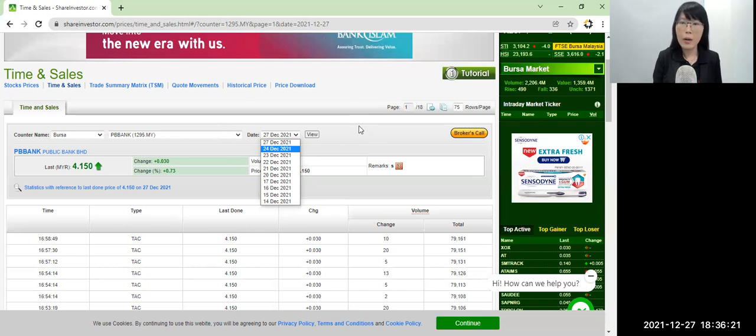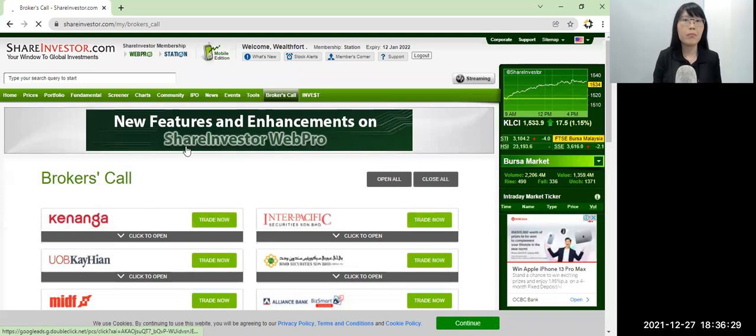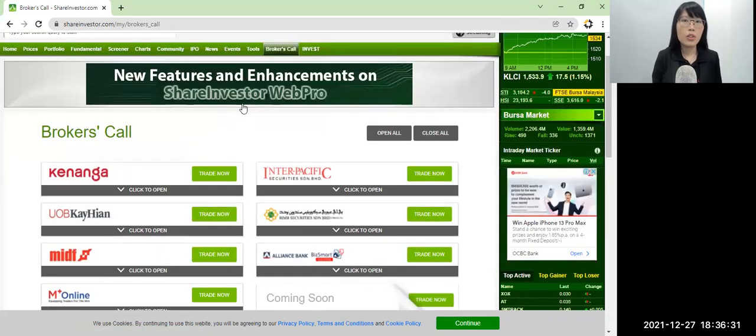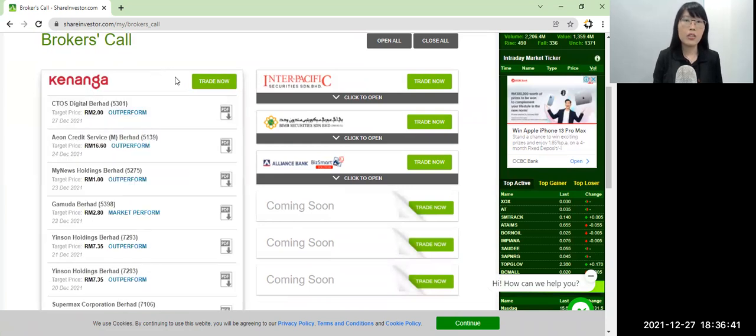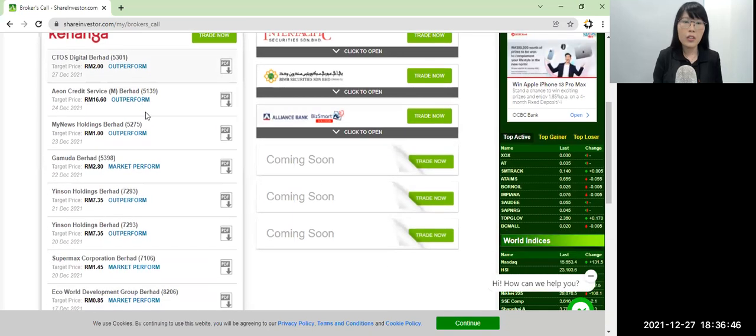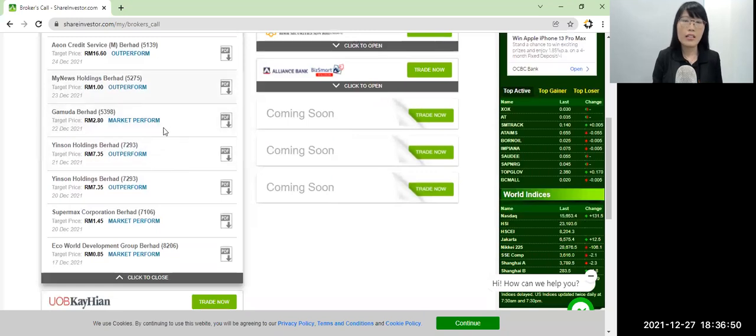The next one I want to show you is broker's call. You can click on it. After you click on it, for example, if you want to see the Kenanga broker call, you can select the click to open. So you can see which counter is outperform, which counter is market perform, and so on.